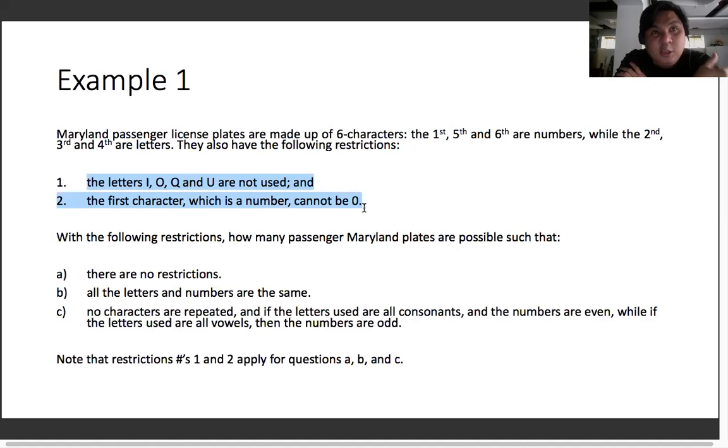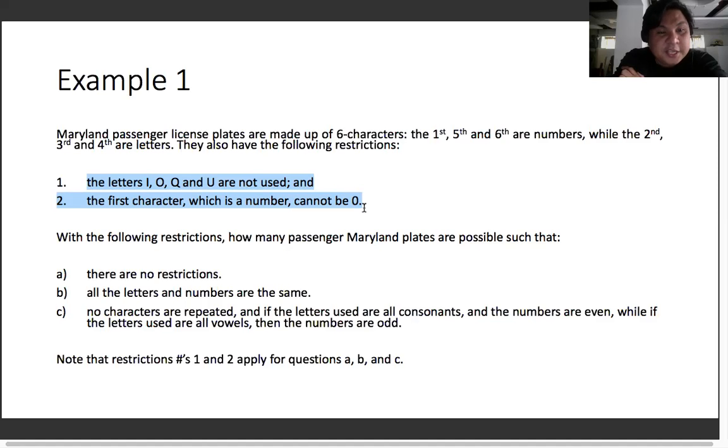However, they need to be personalized passenger license plates. In this particular case, we're not going to consider personalized passenger license plates. We're only going to consider standard issue Maryland passenger license plates. Right? With the numbers, the only exception would be for the first number. The first number could not be a 0.